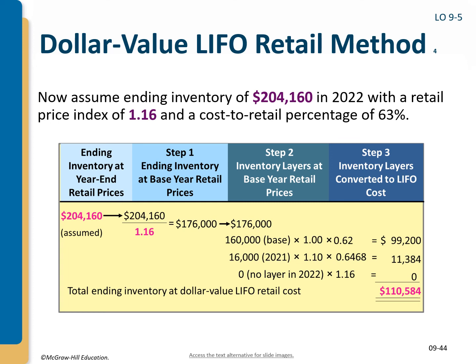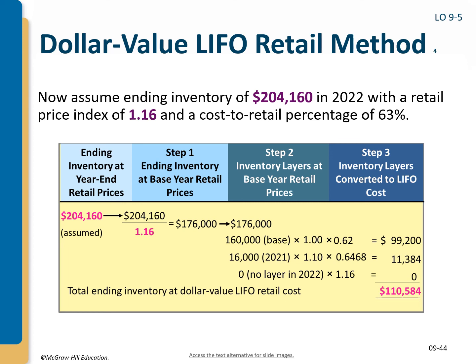Further, what if instead in 2022 our inventory is at 204,160. We divide it by our retail price index of 1.16. Now our inventory at base year costs are 176. So our first 160,000 is valued at 100% times the cost to retail percentage of 0.62 from that year. But then we start peeling away from that 2021 layer.